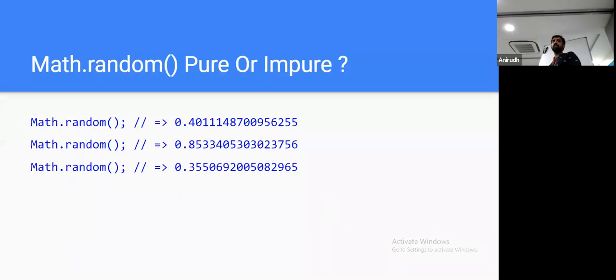Another impure function is Math.random. I have called this method 3 times, and obviously its usage is different, but this is just an example. This type of code shouldn't be in your pure functions or selectors, because if you write these methods, you won't be able to write test cases.